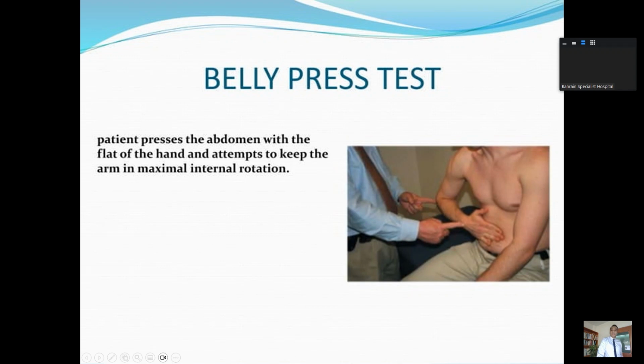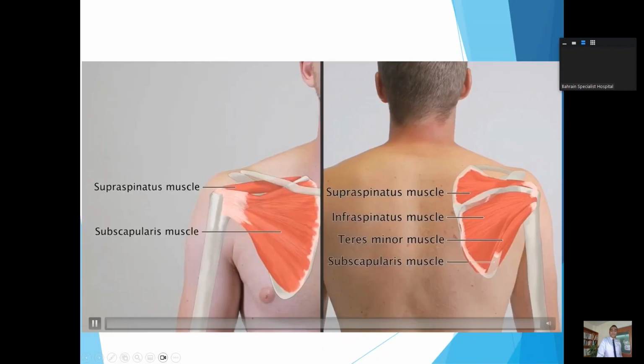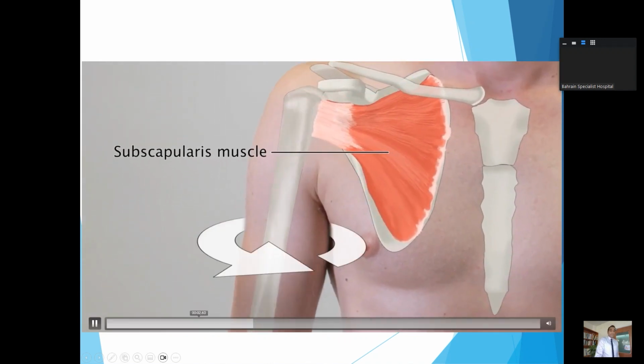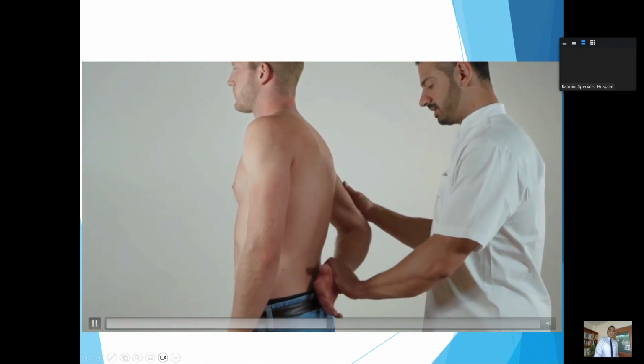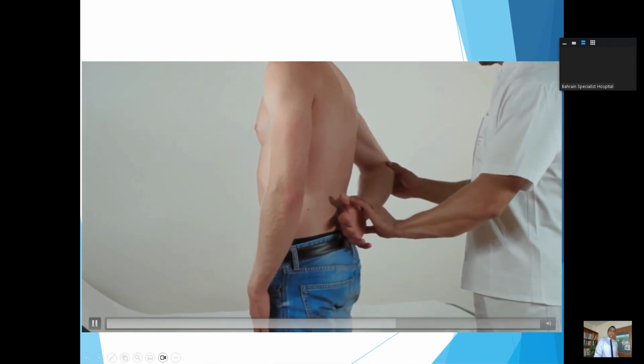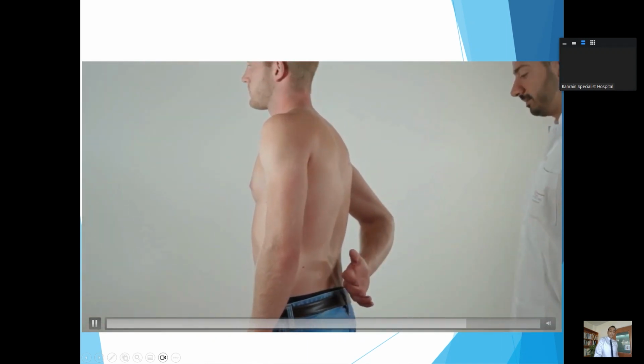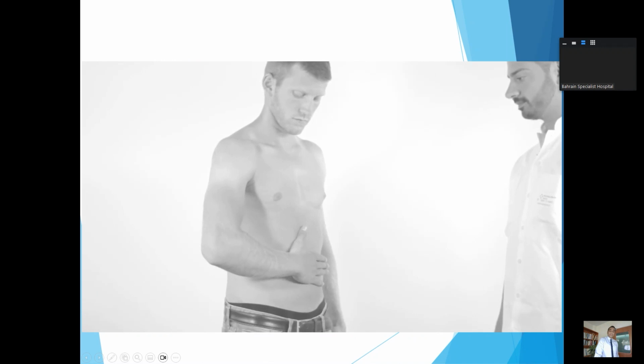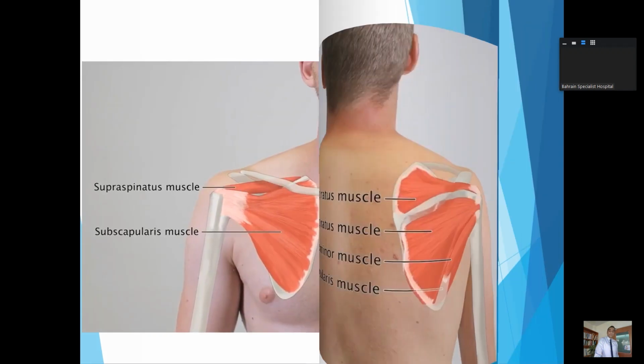This can be tested in two ways. One is asking the patient to press the belly, and another test is called Gerber's lift off test. In this test, the patient is asked to lift the arm off the back. If he is not able to lift off the back, then it is due to weakness of the subscapularis.